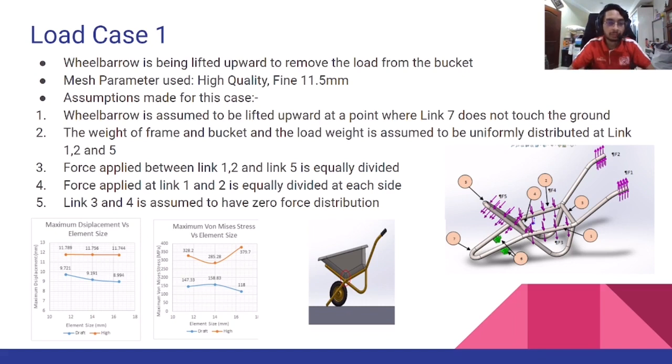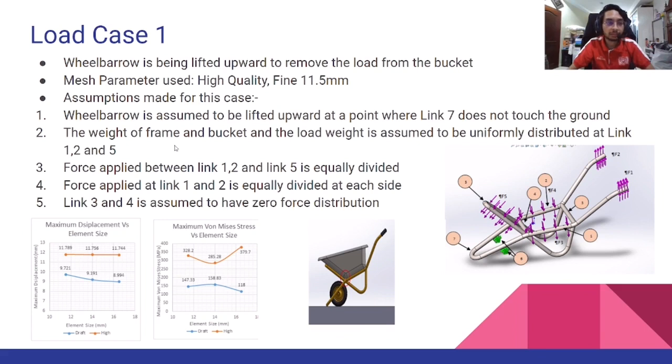However, based on the graph that we get down here, the value of the output does not converge into one value. So we just decided to choose the minimum mesh parameter with high quality to get the most accurate result.